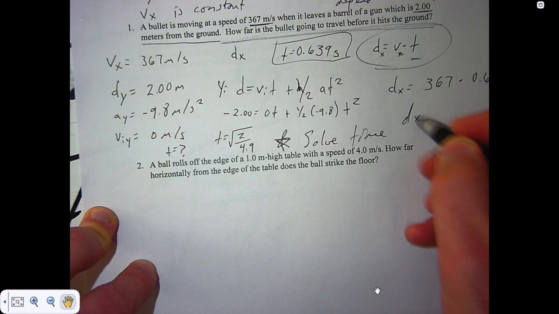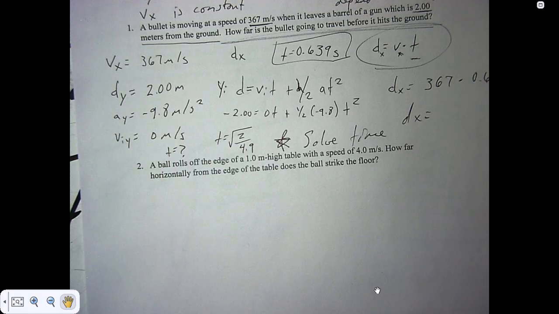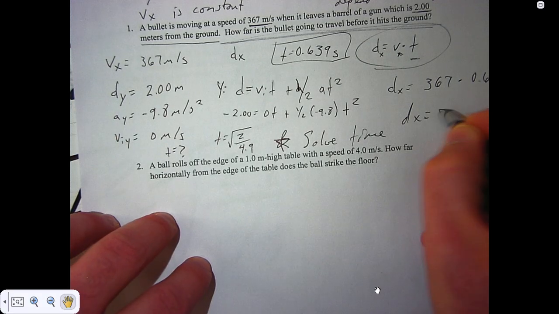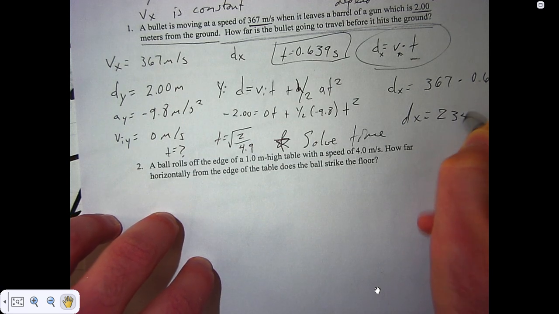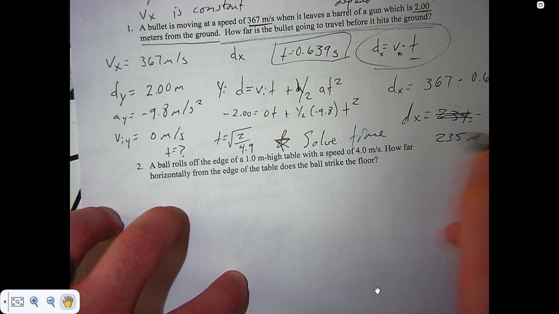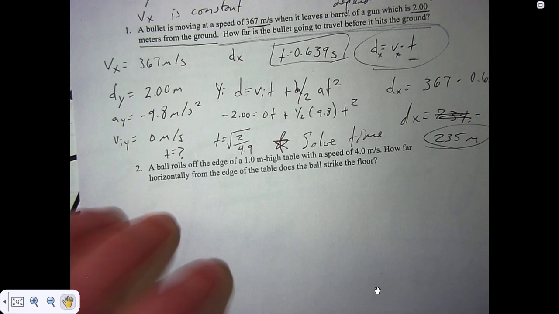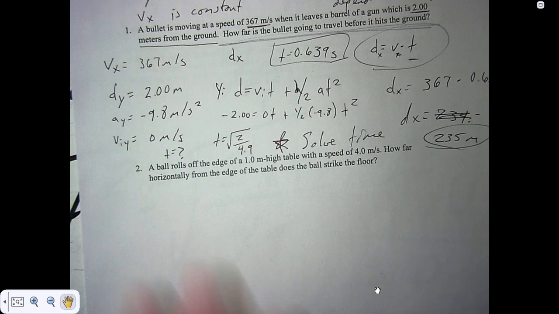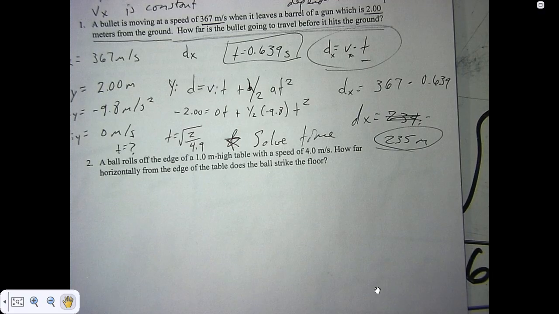And my dx is whatever 367 times 0.639 is, which is 234.5, which makes this 235 meters.